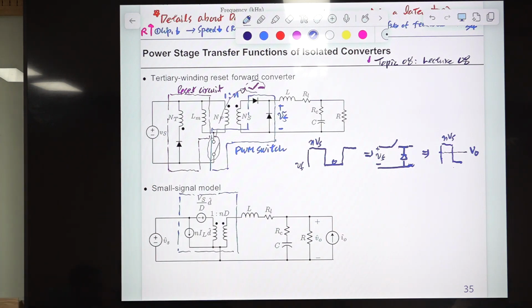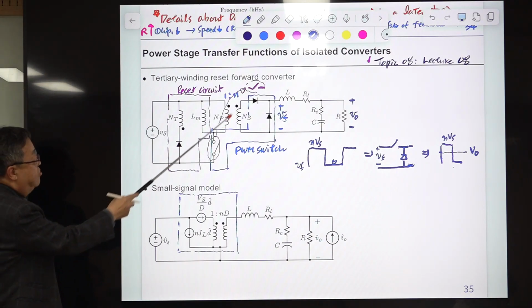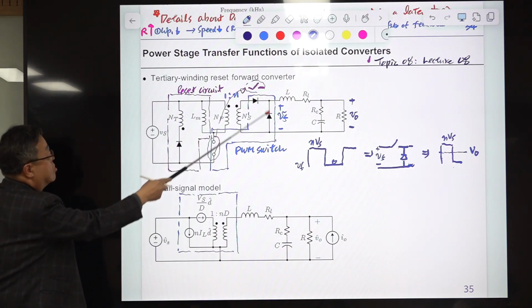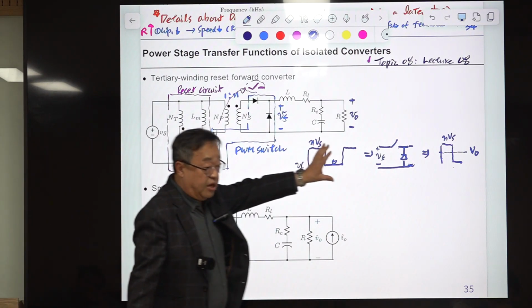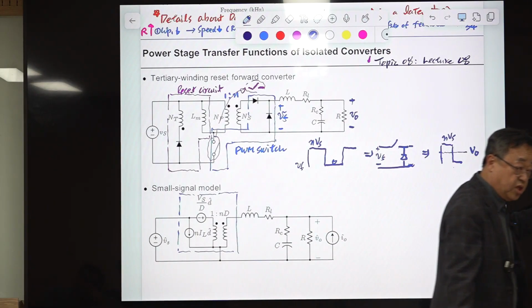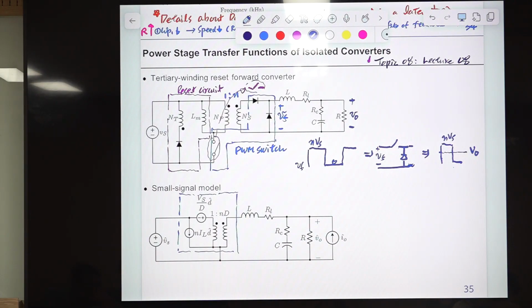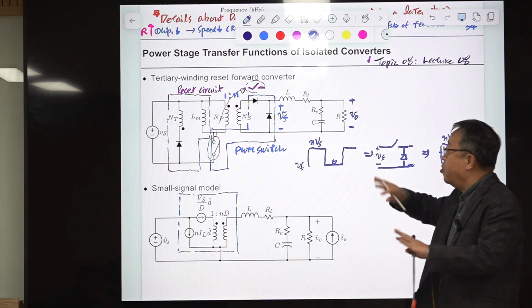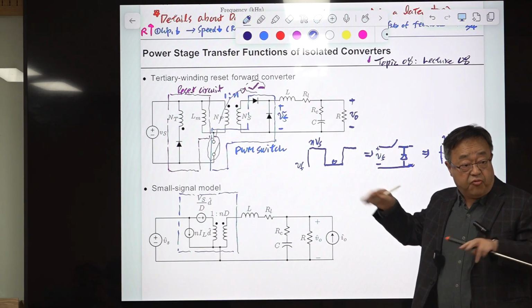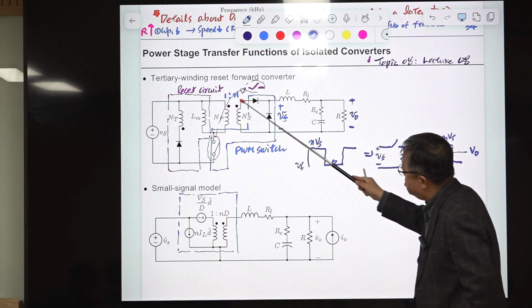If you take a look at this active switch and 2 diodes, three of them work together and function as this SPDT switch, PWM switch. As I said, the structure of the PWM switch is not apparent. And this active switch and this passive switch are separated with isolation by this transformer.